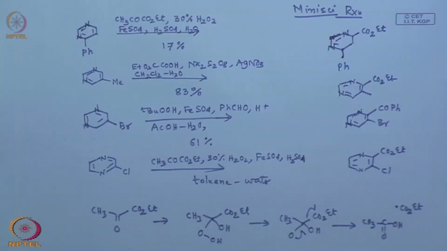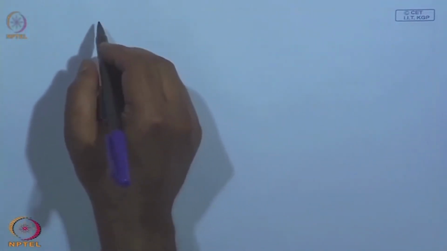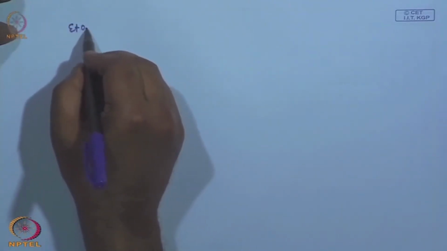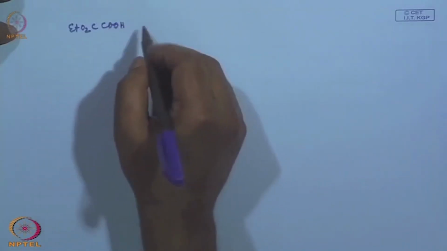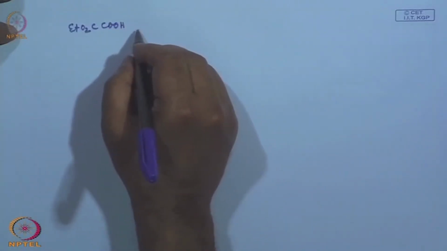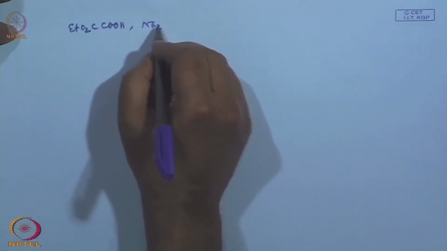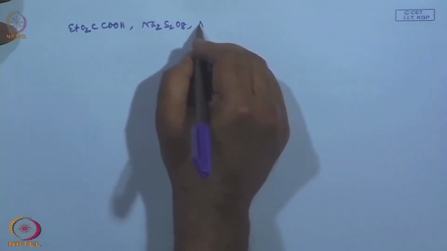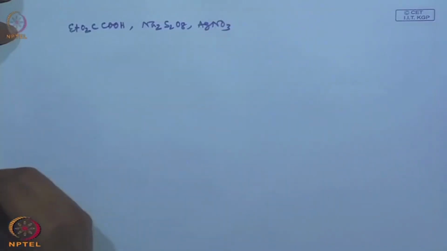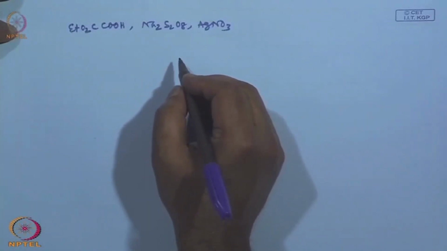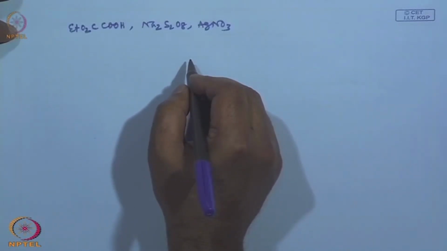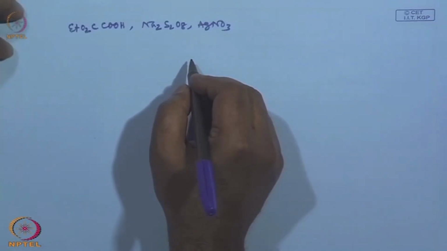First of all, I think if I let us say give you the mechanism, the reaction conditions here: ethyl glyoxylate, oxalic acid, pyruvate, glyoxylic acid and sodium persulfate, silver nitrate, and what else? Yes, I think I missed probably acid. Acid should also be there, because you have a nitrogen heterocycle. Whenever you have a nitrogen heterocycle, you have to always add an acid.